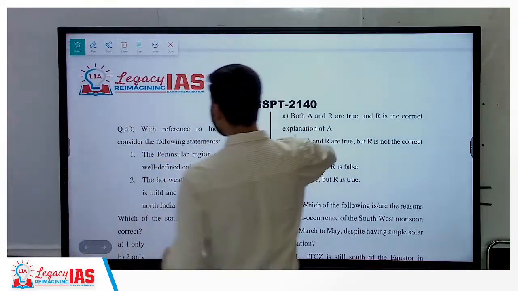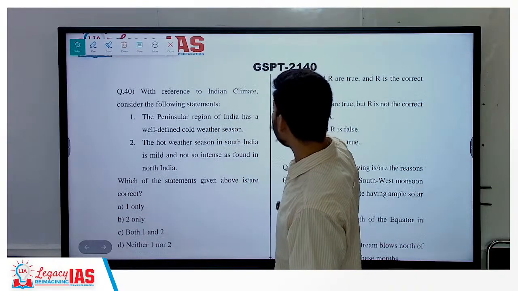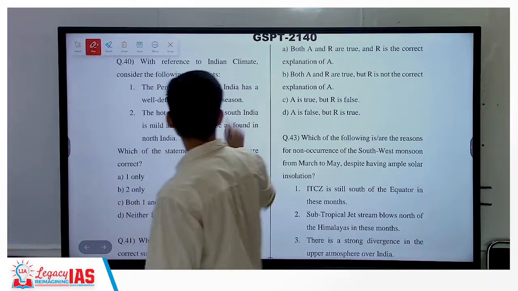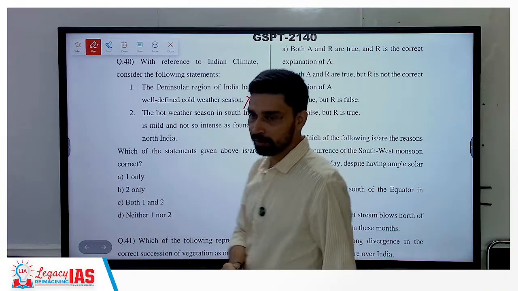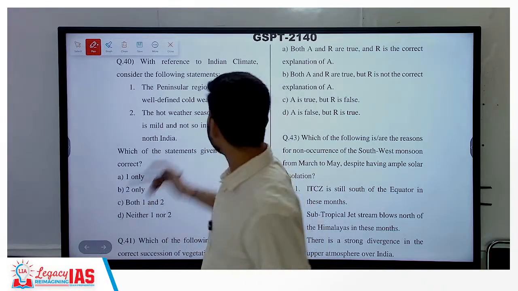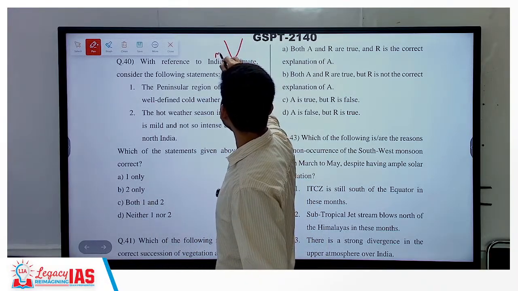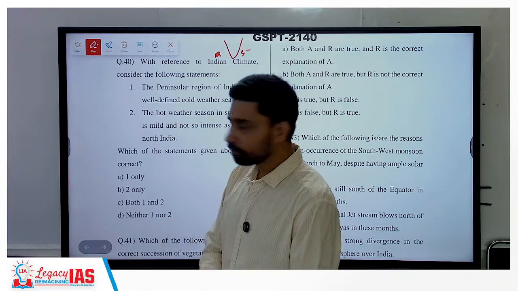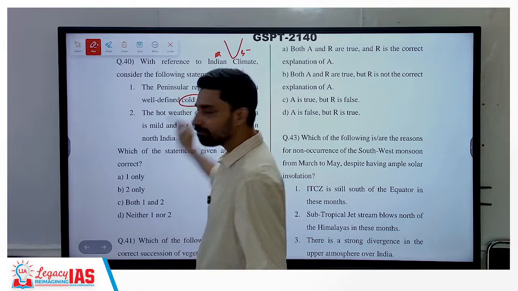With reference to Indian climate, peninsular region of India has a well-defined cold weather season. No, peninsular India do not have cold weather season as such. Okay. It is because of the shape. And nearby what do we have? Arabian Sea, Bay of Bengal. So maritime effect is more pronounced. For well-defined cold weather season, you need to have continentality effect.